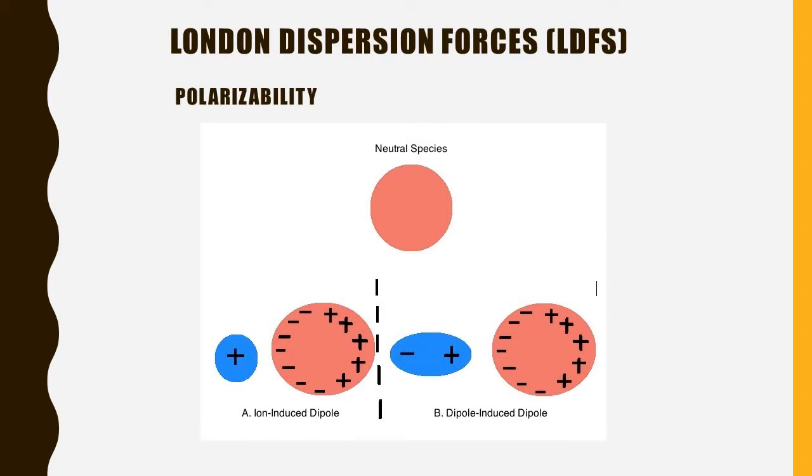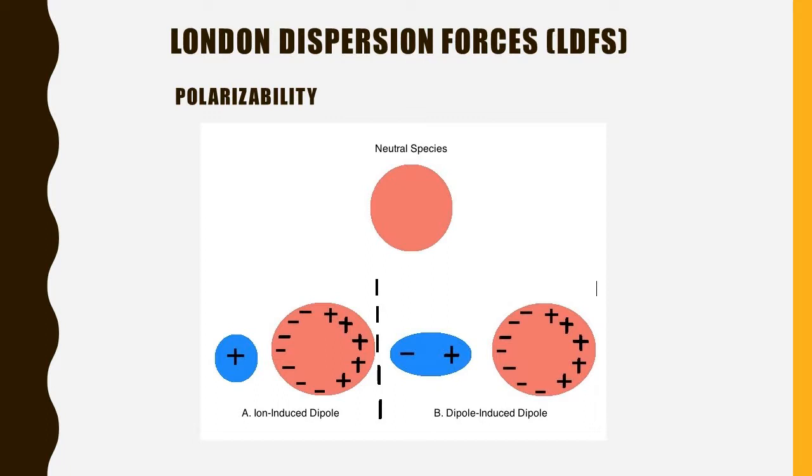Polarizability is a measure of the ease with which the electron cloud in an atom or molecule is distorted. The higher the polarizability of atom and molecule, the easier instantaneous or induced dipoles can be formed. In general, as the number of electrons in the atom or molecule increases, the size of electron cloud also increases.